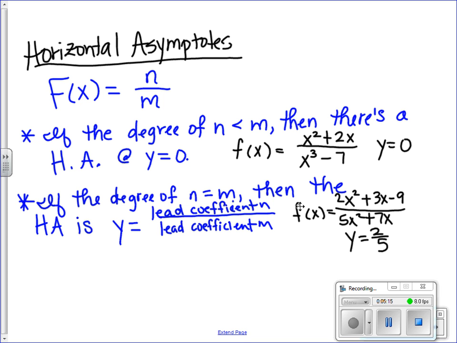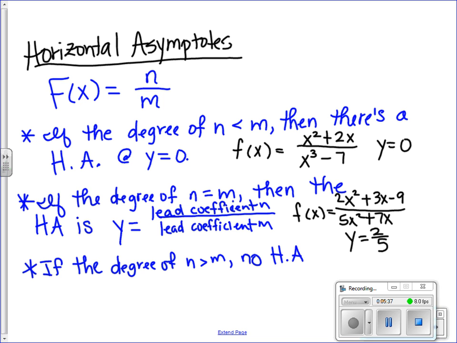Alright, so we have a less than, we have an equal to, guess what else we have? Greater than. If the degree of n is greater than the degree of m, there is no horizontal asymptote.